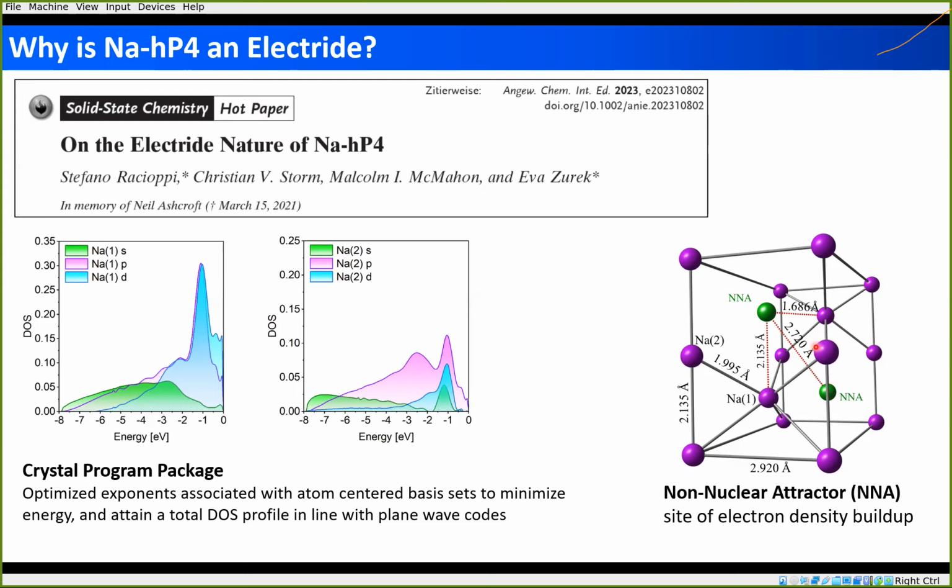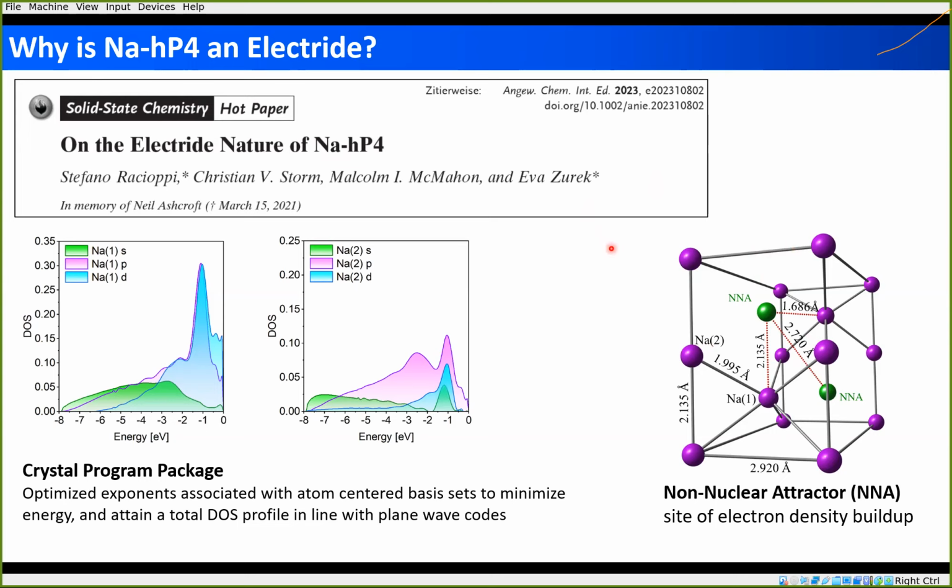And when you do an analysis of this structure using your periodic codes to do projections of the density onto some sort of s, p, and d type states, the types of results that you get actually vary upon what kind of a radius you use within which you do the projection.